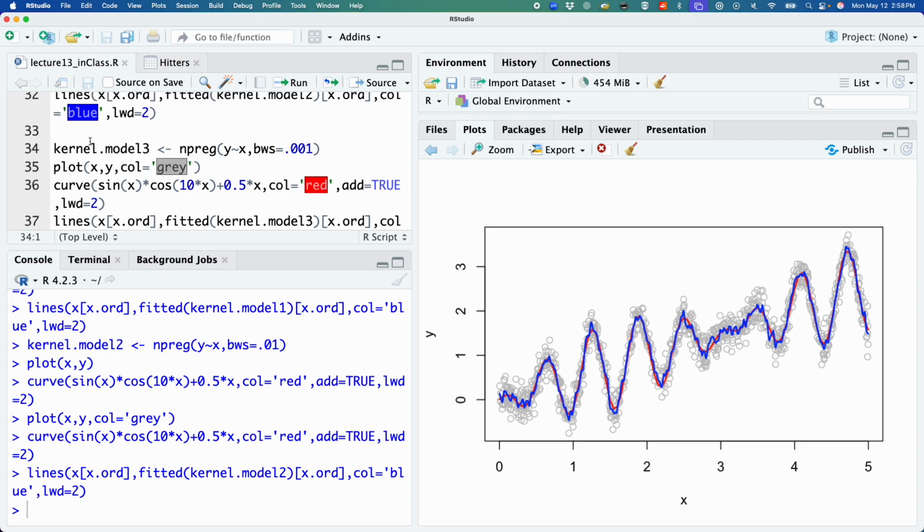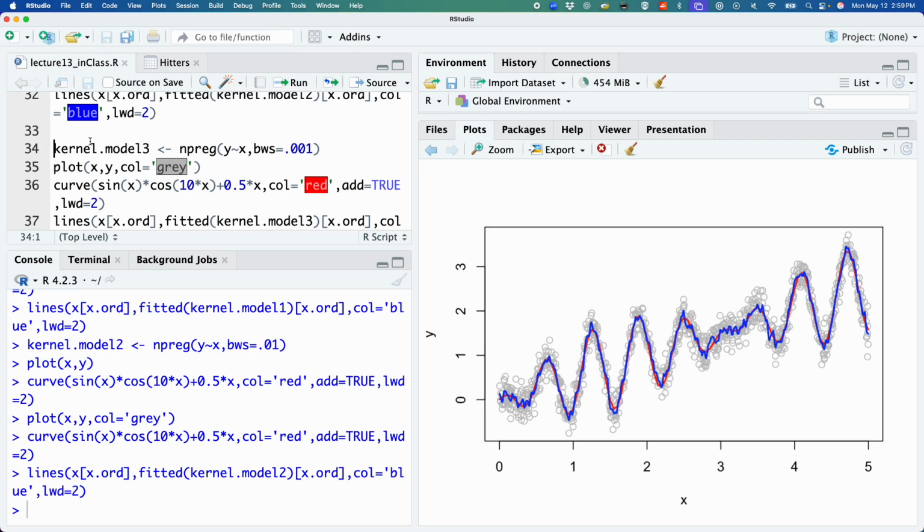And here's the one with a slightly smaller bandwidth. And you can see that already it's starting to oscillate a little bit more. So this is a point at which you might suspect overfitting.